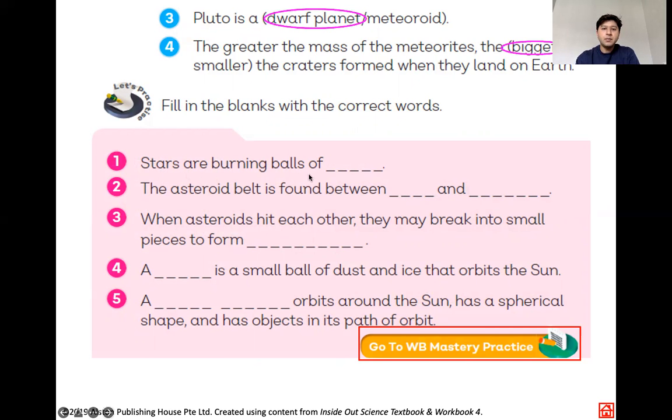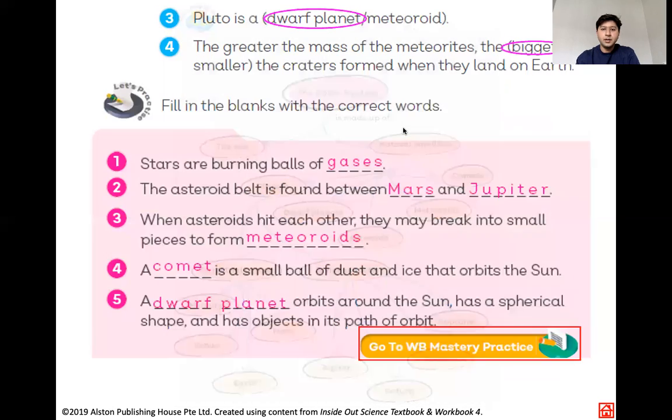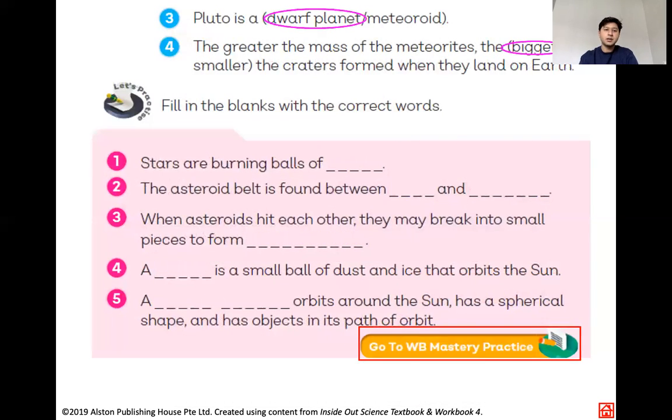Stars are burning balls of dash. I think gases. What do you think? Yes, it's gases. Number 2, the asteroid belt is found between. Yes, we studied just now. The asteroid belt is between Mars and Jupiter.